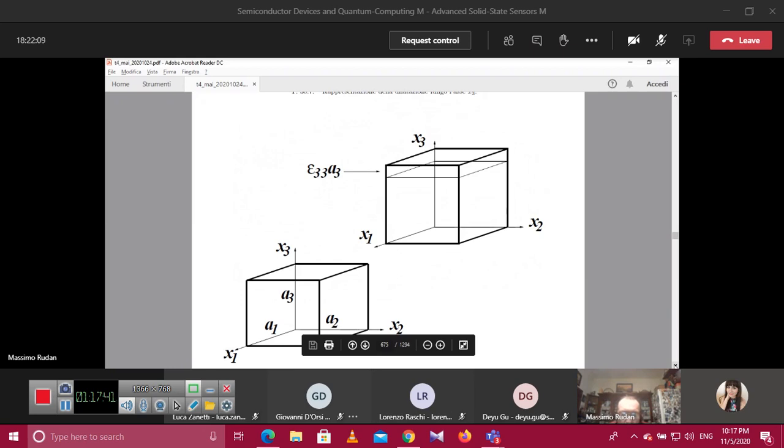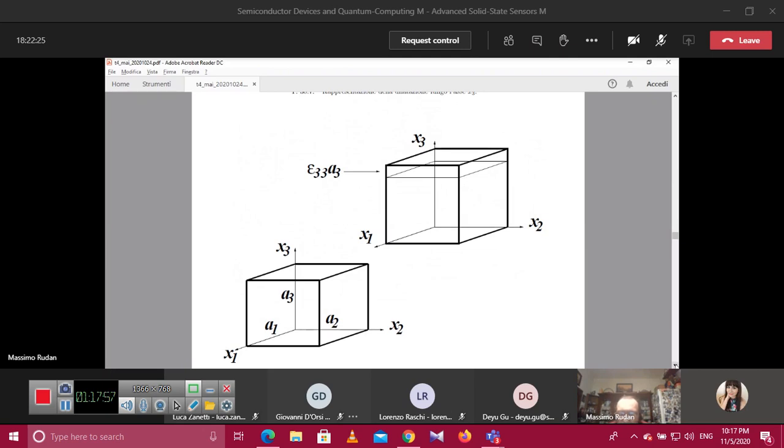So, of course, we can repeat the reasoning for a deformation to the left, that is along x1, or a deformation to the right, that is along x2, okay?